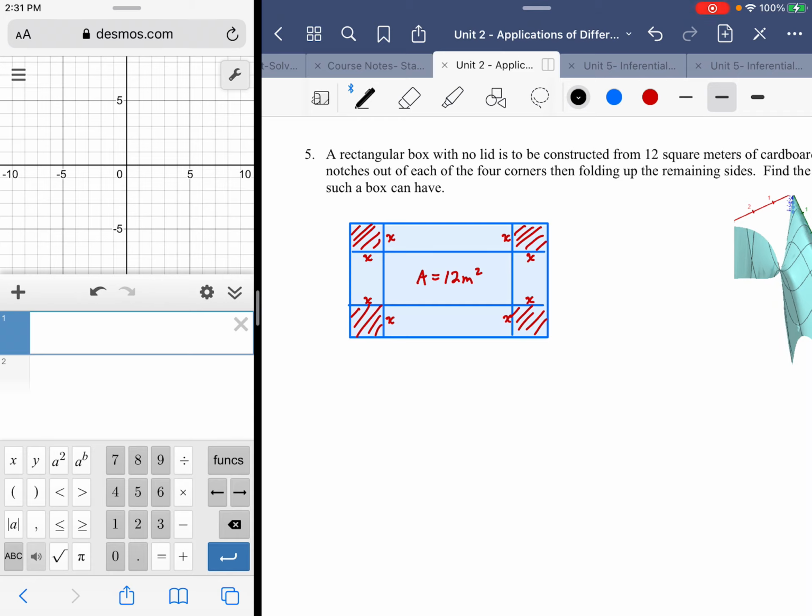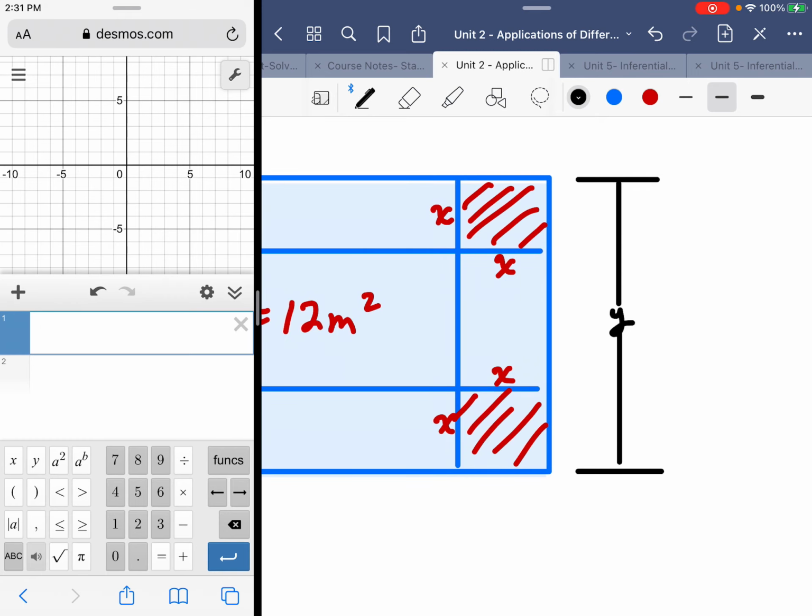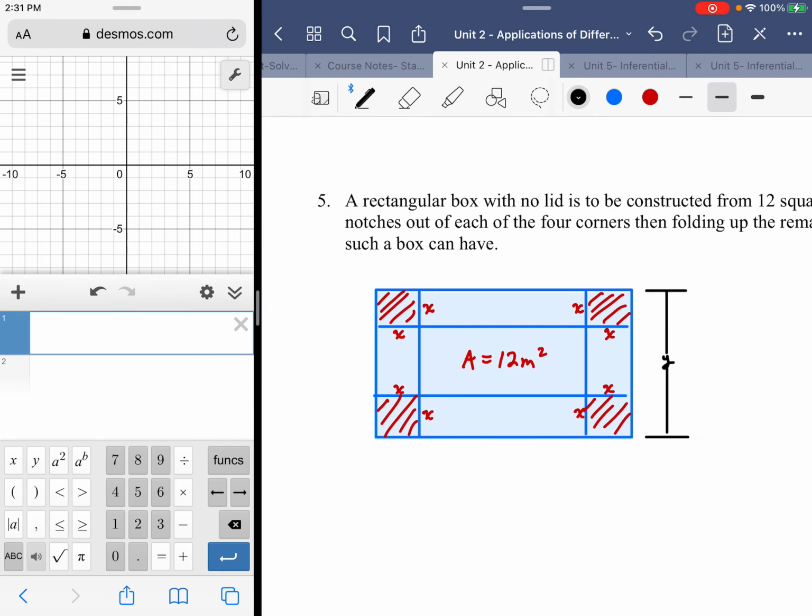I just know that they have to multiply to equal 12. So let's call one of them Y. I've already used X, so let's call one of them Y.